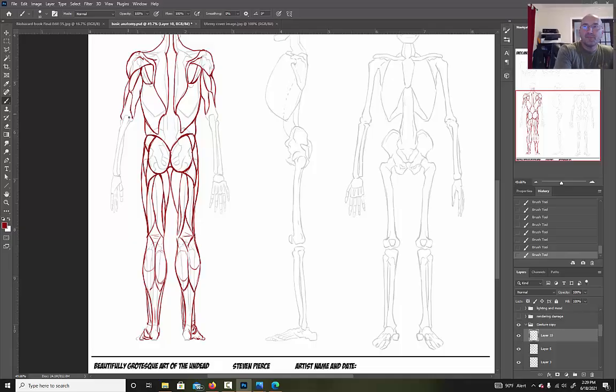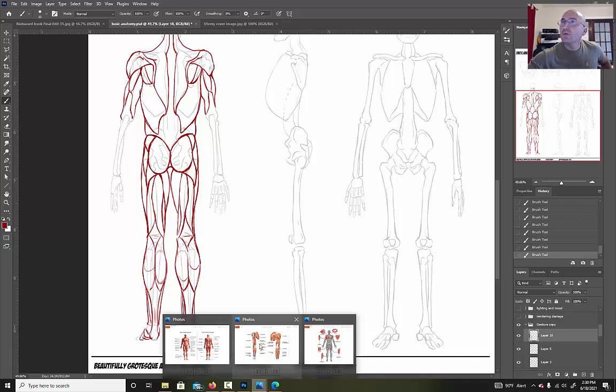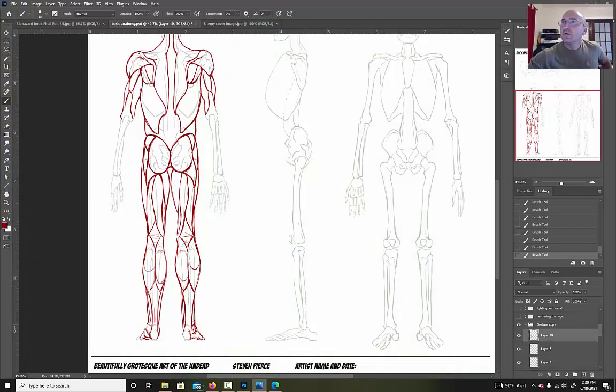The arm, so the upper or the lower arm can get a little tricky because of the amount of muscles that are moving around there. I'm going to pull up a reference here, just so I can keep straight the direction that they're moving.